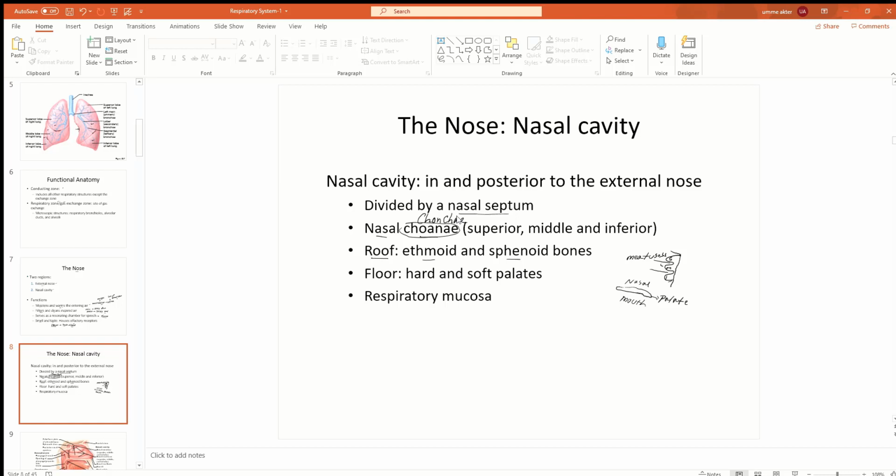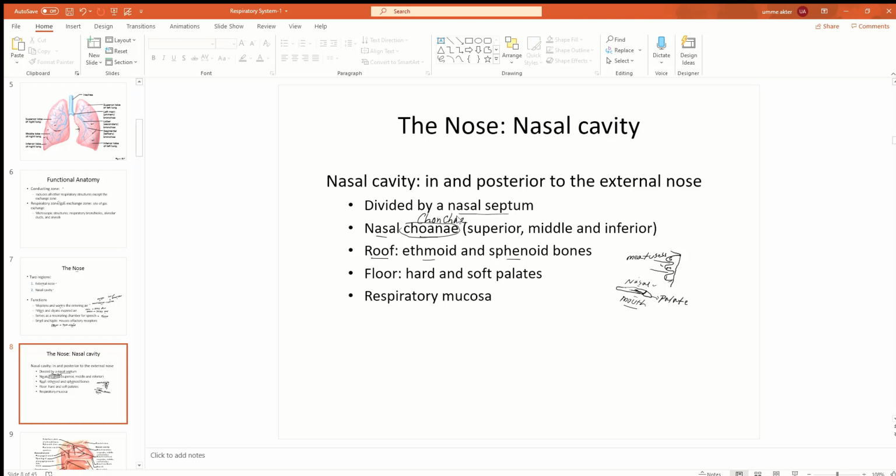The palate actually separates the oral cavity, or mouth, and the nasal cavity. Above the palate is the nasal cavity, below the palate is the oral cavity. Now I can say that the roof of the mouth is the palate, and the floor of the nasal cavity is the palate. Okay, now the palate has two parts.